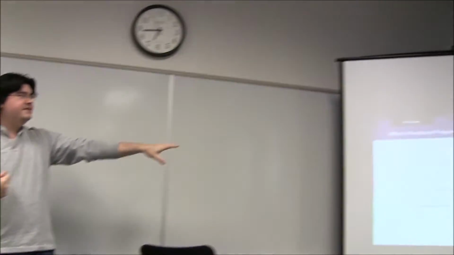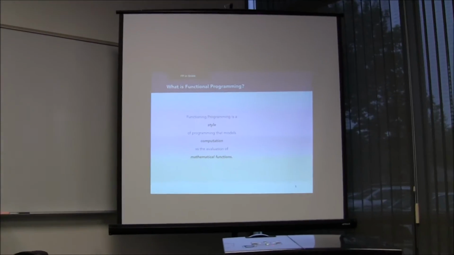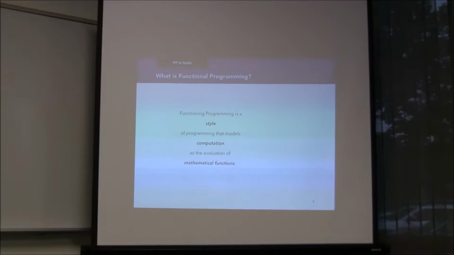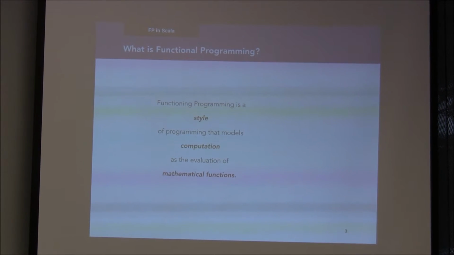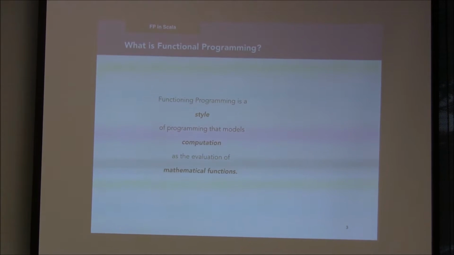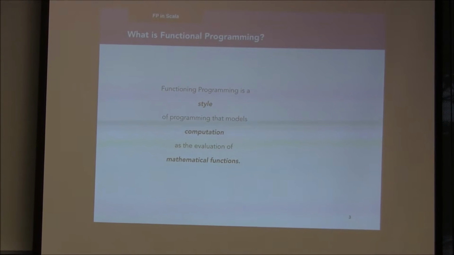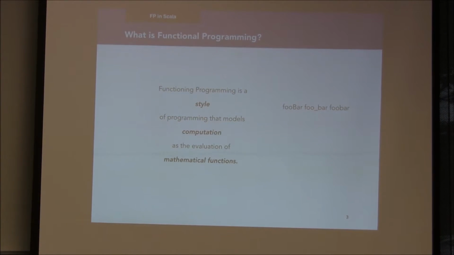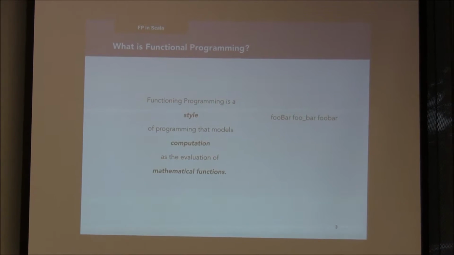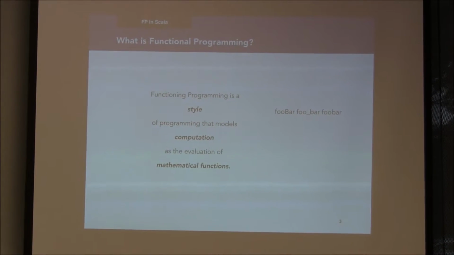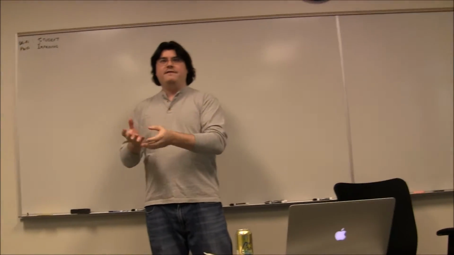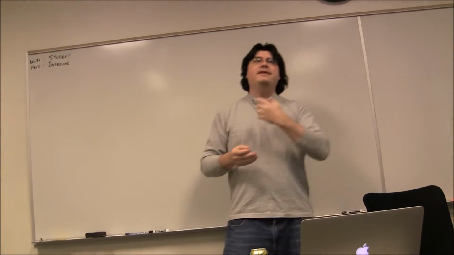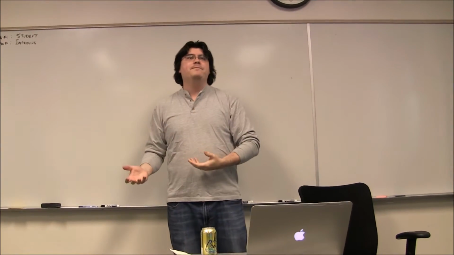This is paraphrased from what Wikipedia has. Functional programming is a style of programming that models computation as the evaluation of mathematical functions. When I say style, I really do mean style in the sense of let's bike shed the hell out of this. Because in a lot of ways, pure functional programming actually has a nice, tight, well-defined definition, and everything else is an approximation of that.